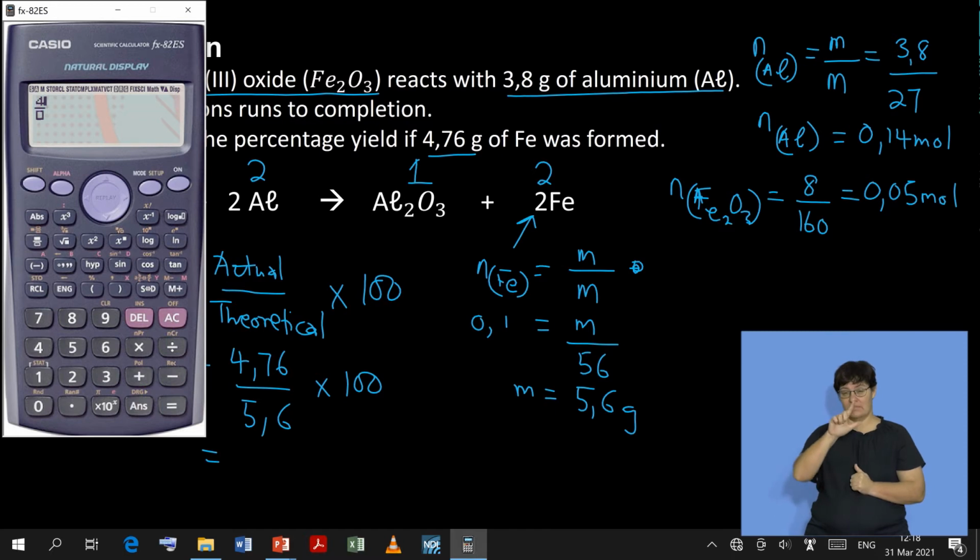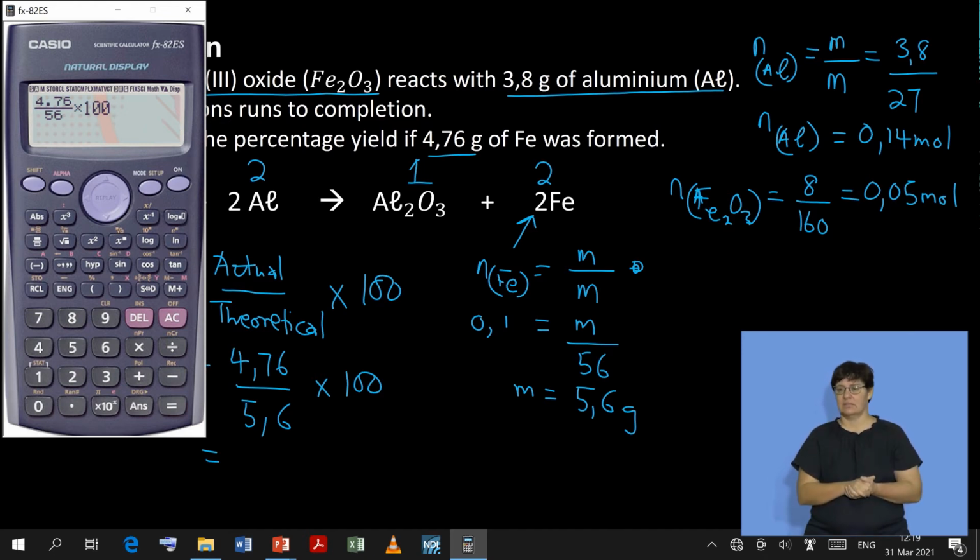4.76, which is what was actually formed, divided by what we expected from the stoichiometric ratio, which is the theoretical, which is 5.6. Then we multiply that by 100. This is going to give us the percentage purity. Actually, that's 5.6, if we can quickly go back and correct that.